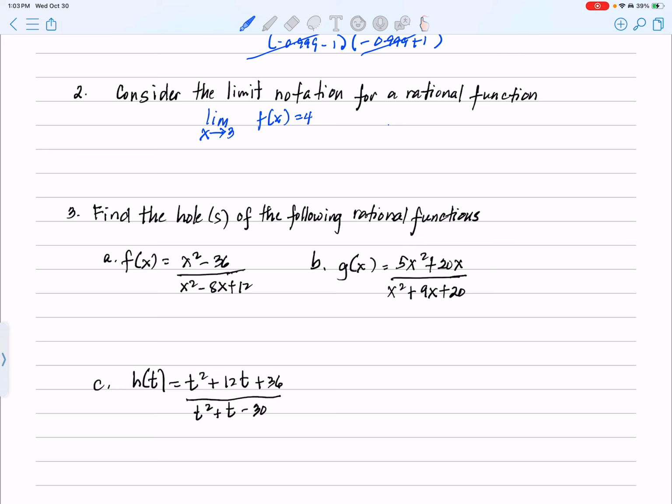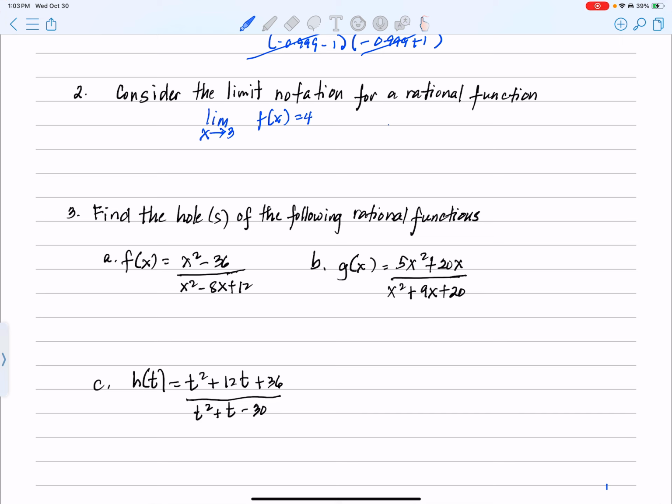So first of all, by looking at that, you can interpret the location of a hole on the function's graph based on the information here.